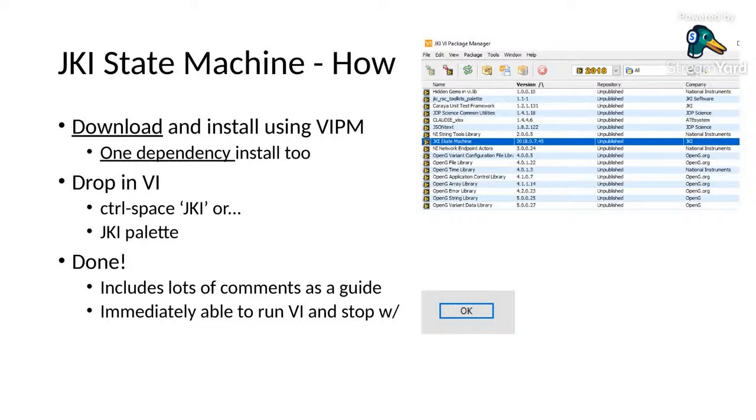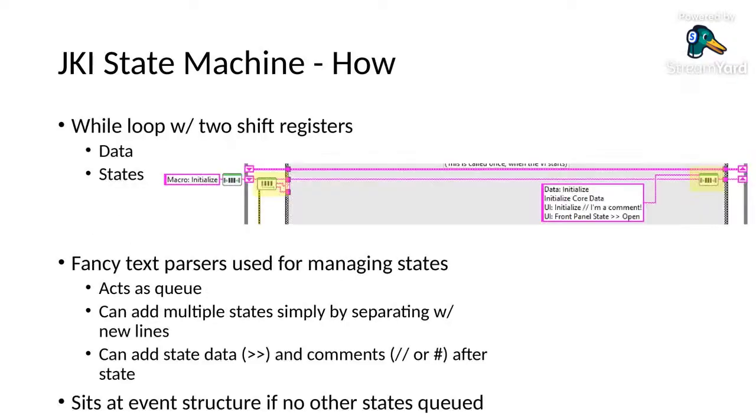In the case of here, you can add as many states as you want just by using a new line. Then you can add a comment and you can even pass in data to a state as well. So over here, each iteration you come in, it's going to go to the state you specify. And then this bottom line is going to be your actual data, if applicable, for that state.